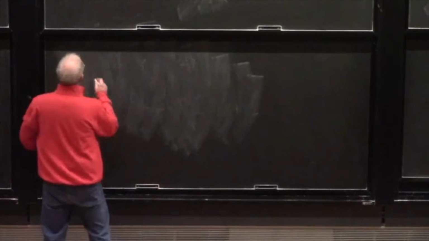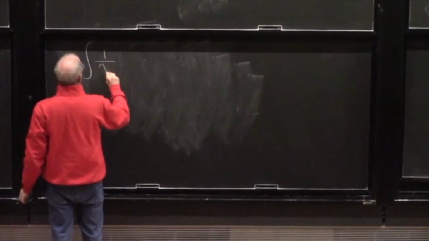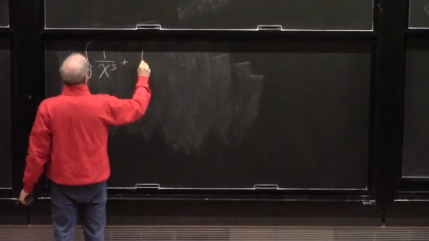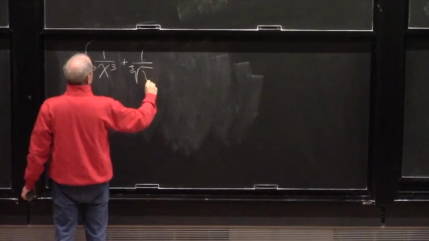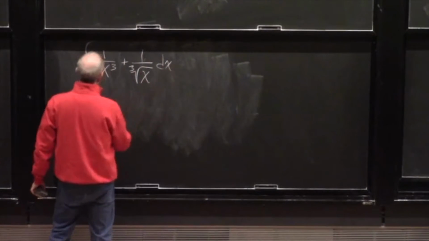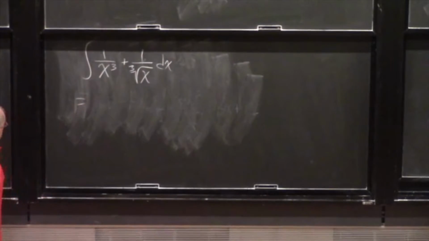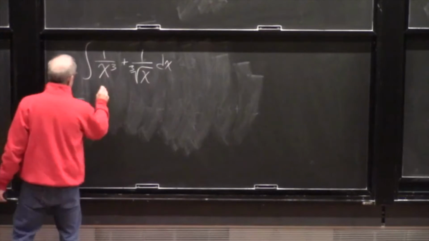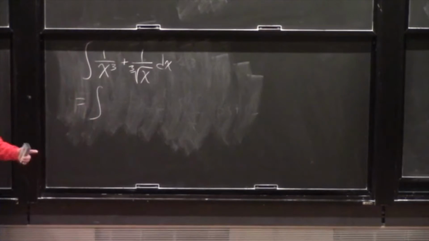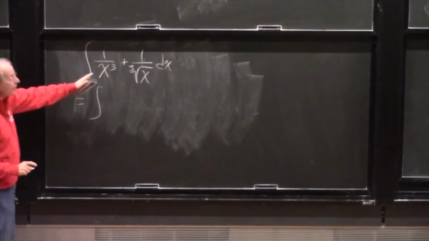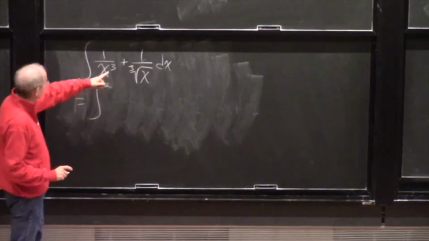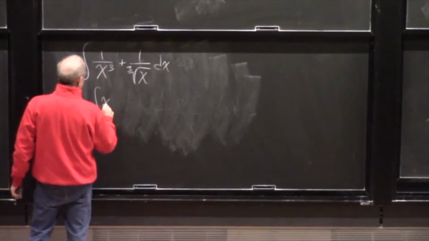Suppose we had the integral of 1 over x cubed plus 1 over the cube root of x. If we wanted to do that, well, before we do the integral, let's rewrite this just so we can use our power rule. That 1 over x cubed is x to the negative 3.